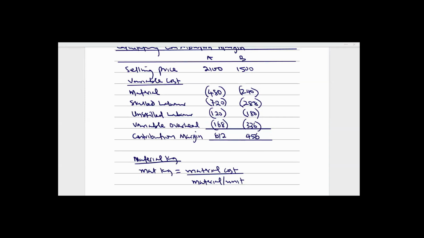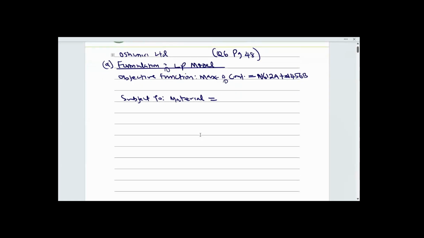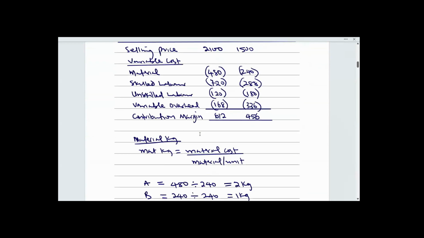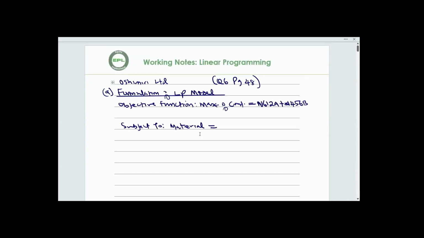All right, so I can then go back here under material. For grade A, material kilogram is 2, then 2 to 1. So here will be 2A plus B. B is the same thing as 1, so you don't need to say 1B.